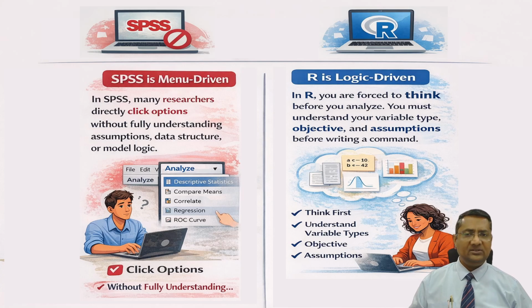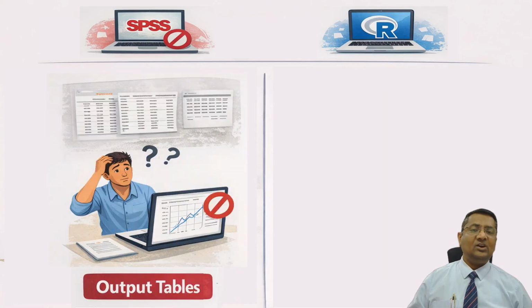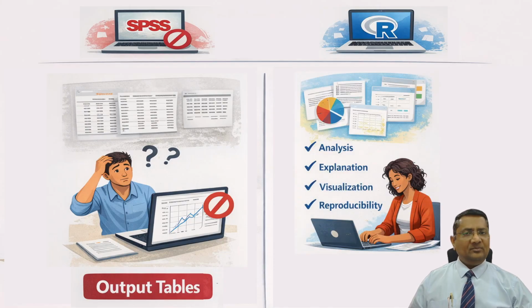Therefore, many publishers and journals accept the output of R open-heartedly. SPSS produces output tables, and for interpreting the output in the tables, one needs formal training. R produces step-by-step analysis; explanation and visualization are very easy in R.